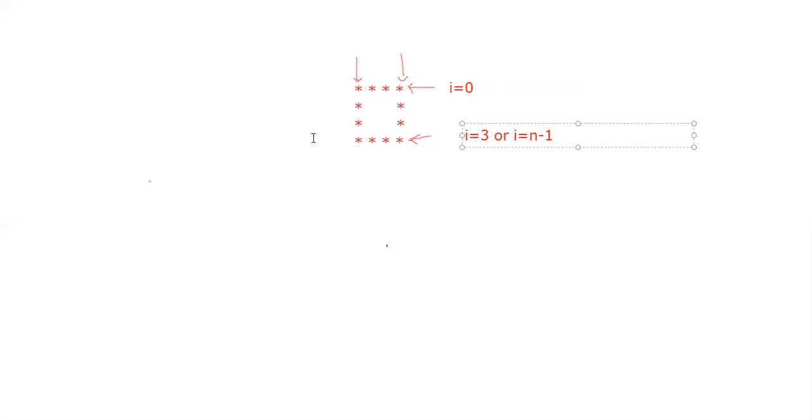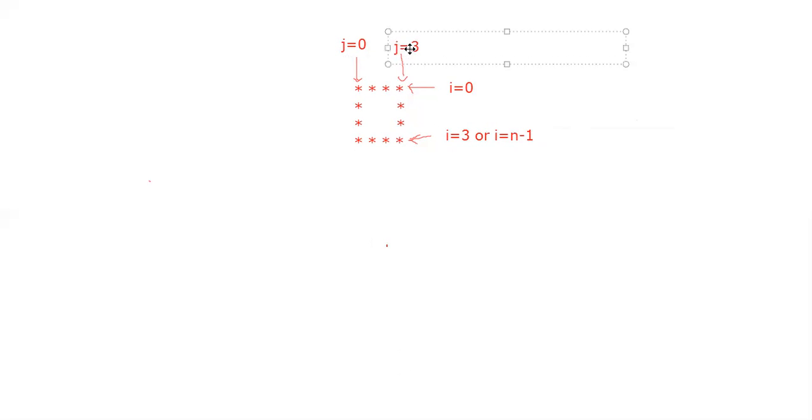So if there are 10 rows, we will print at position number 9. Is that correct? Yes. Similarly, we are printing at j equal to 0, and at j is equal to 3 or j equal to n minus 1, whatever you feel convenient, you can say that.